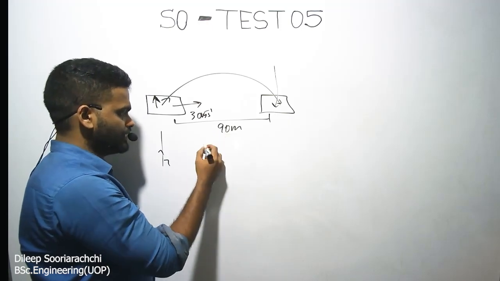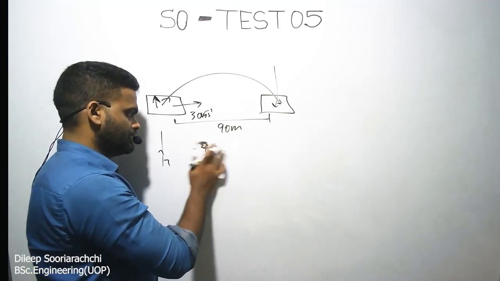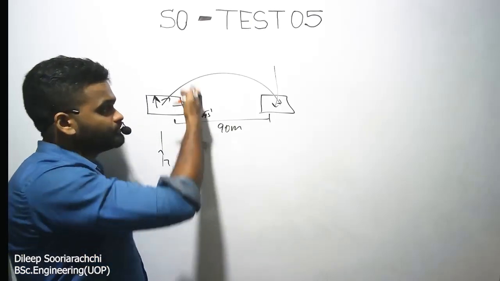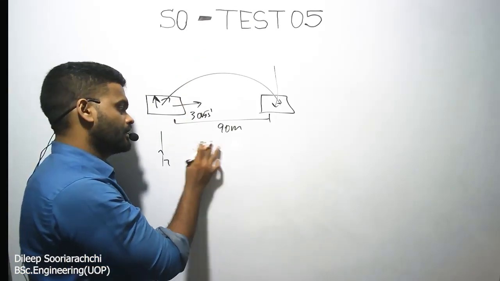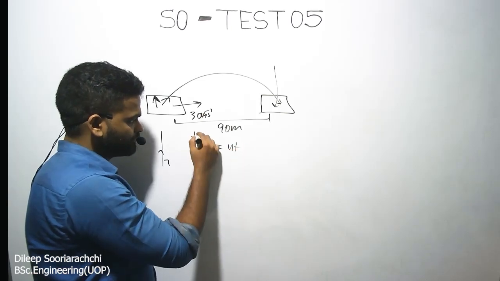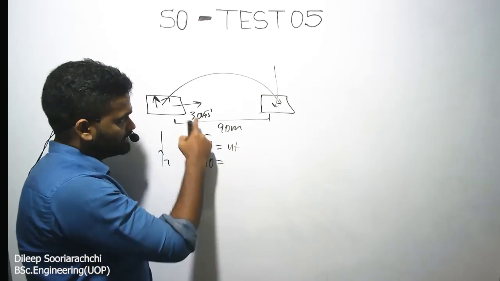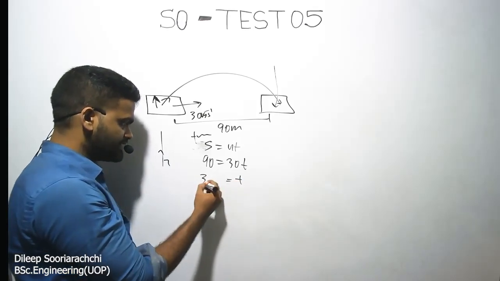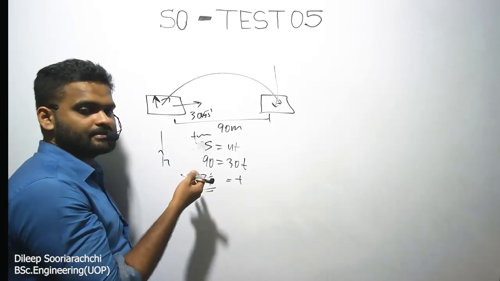So first let's find how much time the object should be in air. For that, just apply S equals ut to the trolley. So this is 90, this is 30, t. T is 3 seconds. So for 3 seconds, the object should be in air.